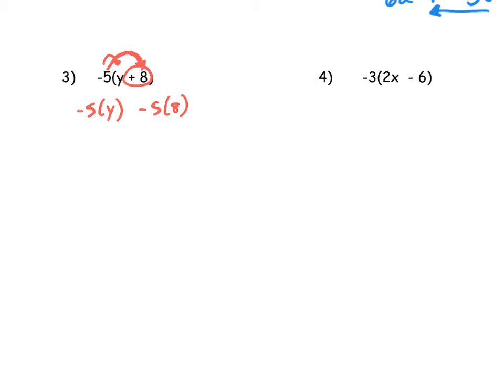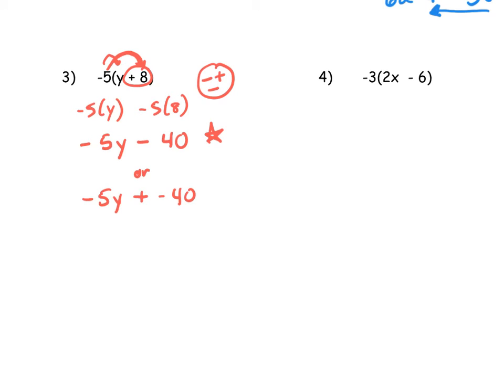Please state what the final result would be after we multiply both of those. The preferred way would be negative 5y minus 40. And once again, just to recall, if I have a negative times a positive, I get a negative answer. So that's why it's negative 40 or minus 40.